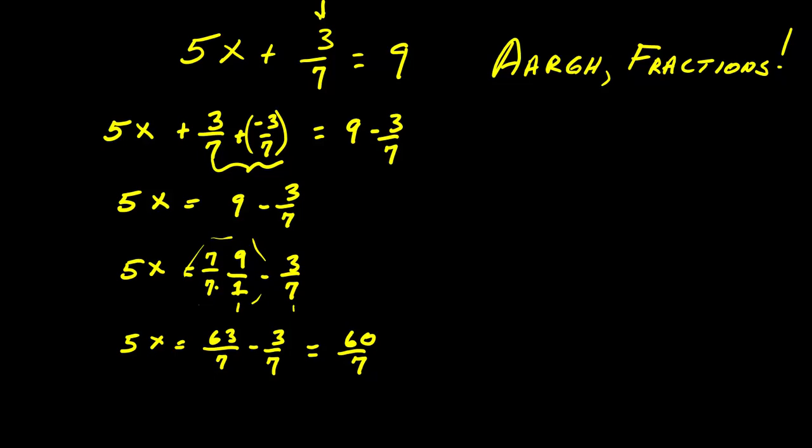Let me get a new page. So at this point we have 5x equals 60 over 7.